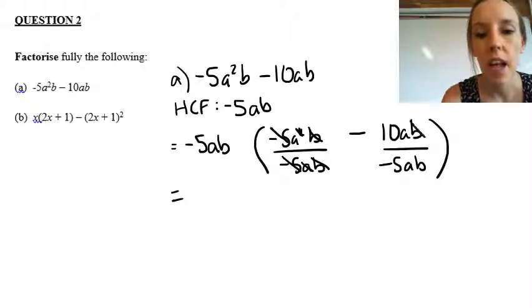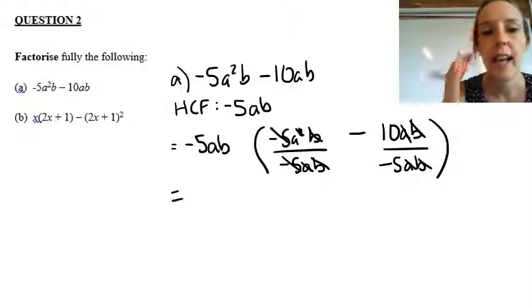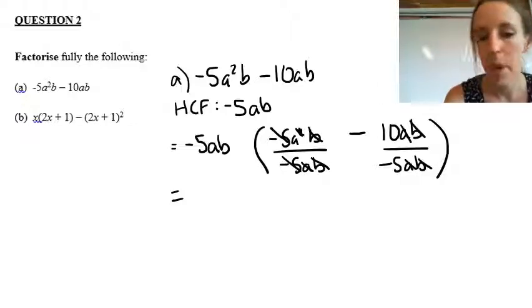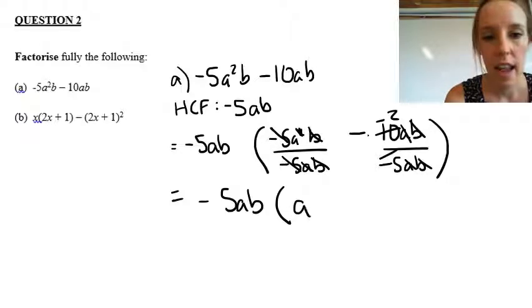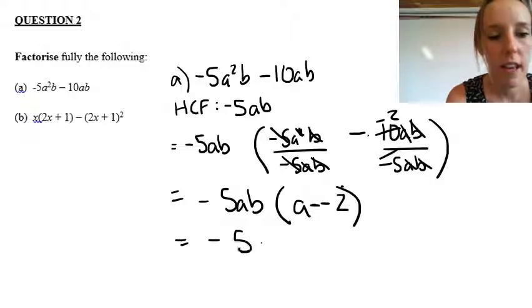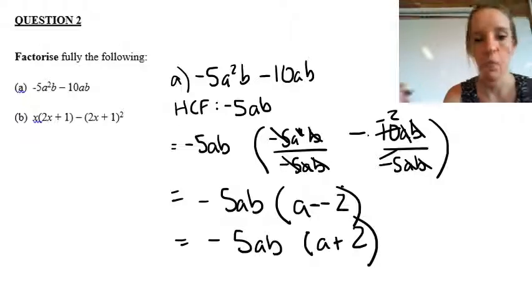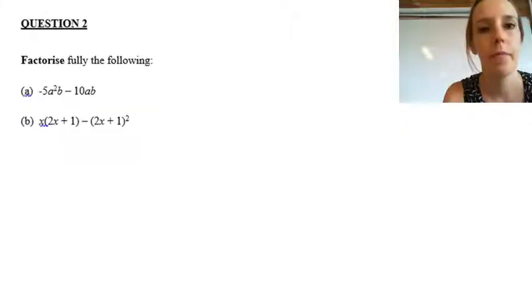On this side, my b's can cancel, my a's can cancel. If I divide both 10 and -5 by 5, I'm going to be left with -2 up the top. So that's going to leave me with -5ab, and then on this side, a take -2. If I simplify that, that's -5ab(a + 2), and that would be my solution there.